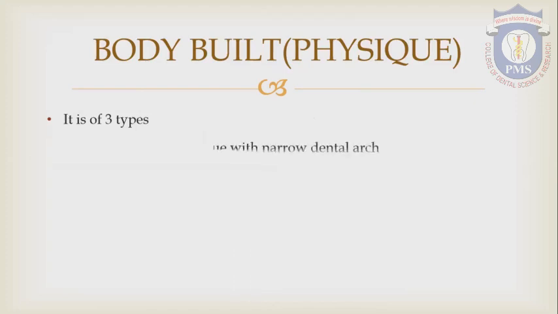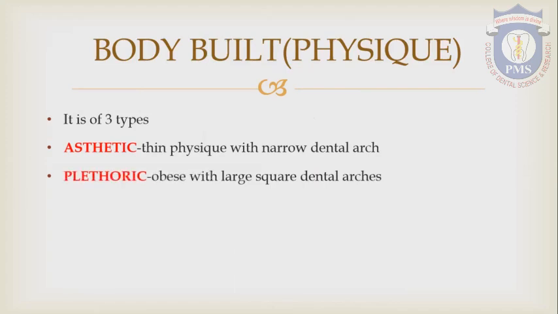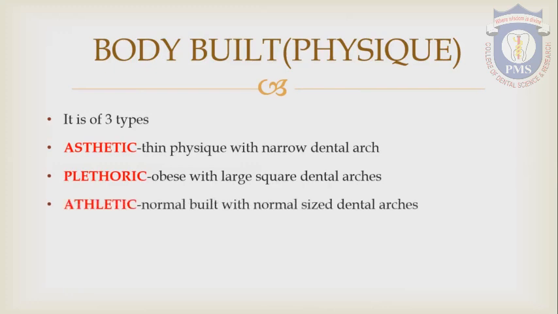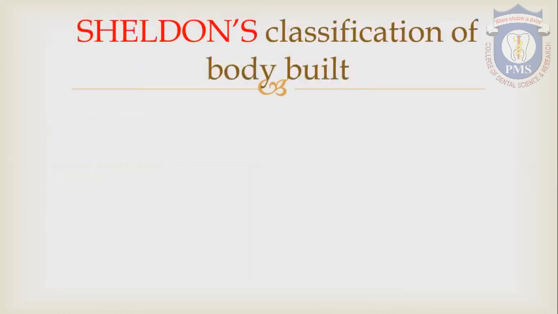It is of three types. Aesthetic, that is a thin physique with a narrow dental arch. Then we have plethoric, that is obese with large square dental arches. And then we have athletic, that is a normal build with normal size dental arches.